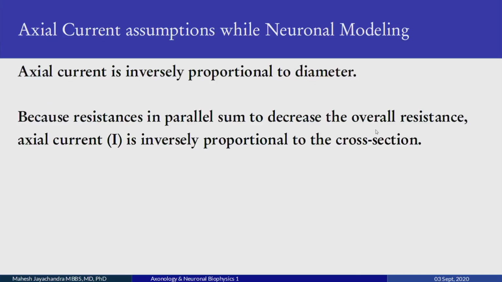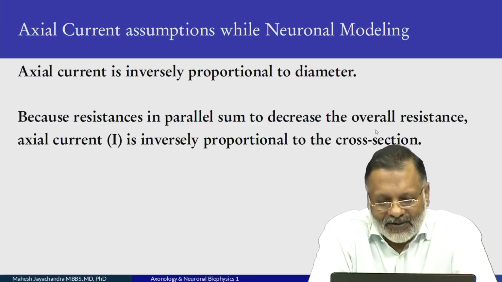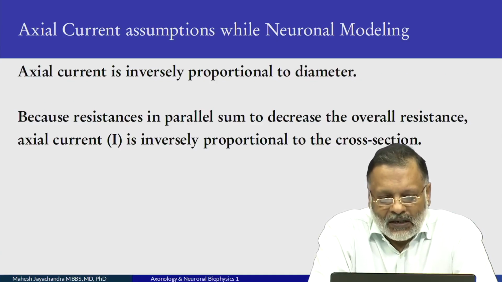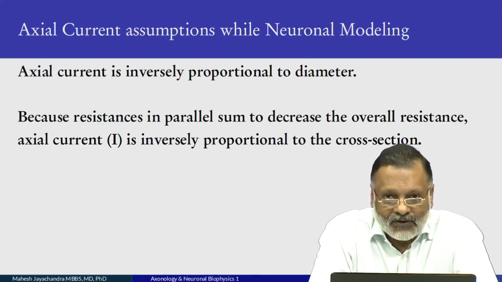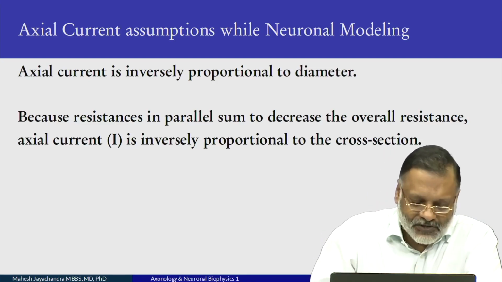So more assumptions. Axial current is inversely proportional to the diameter. Because the resistances are in parallel, they sum to decrease the overall resistance, so axial current is inversely proportional to the cross-sectional area. This is straightforward geometry.